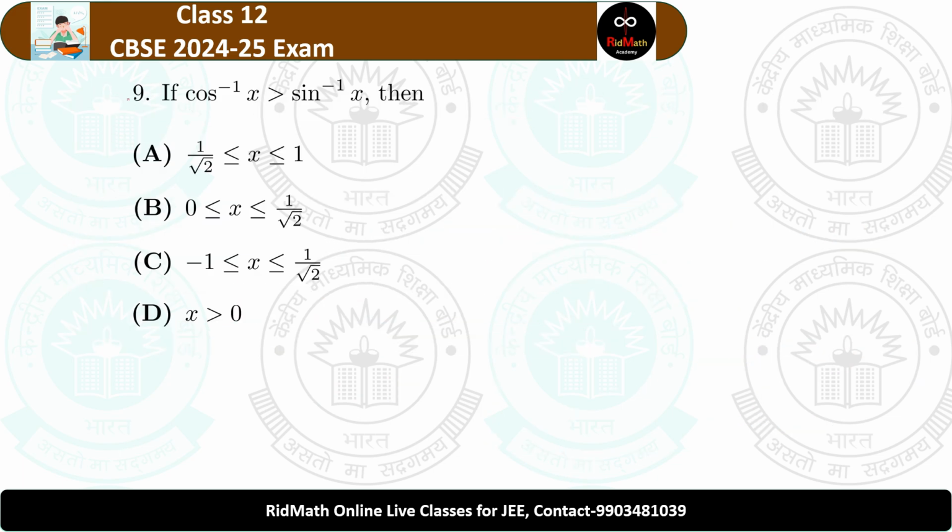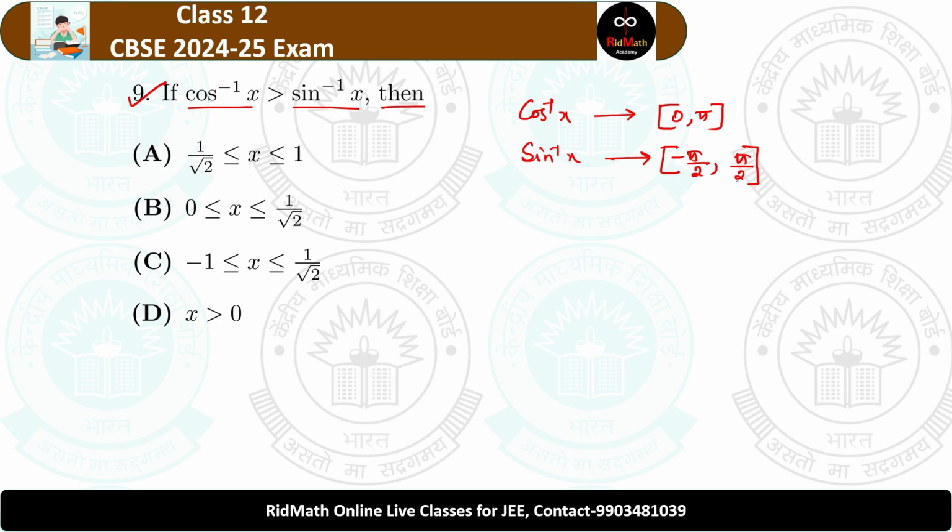question number 9. If cos inverse x is greater than sin inverse x, then x lies between what? So we know that the range of cos inverse x lies between 0 to pi, and the range of sin inverse x is between minus pi by 2 to pi by 2.